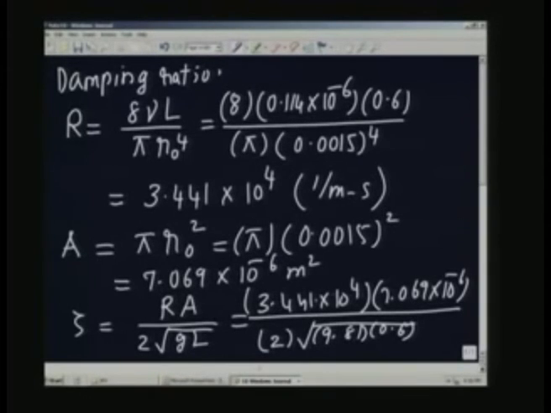This comes to 0.0501. So, the damping ratio has come out to be 0.0501.